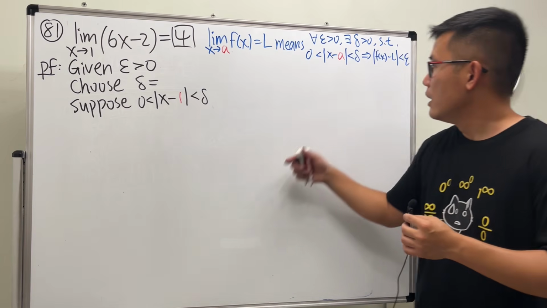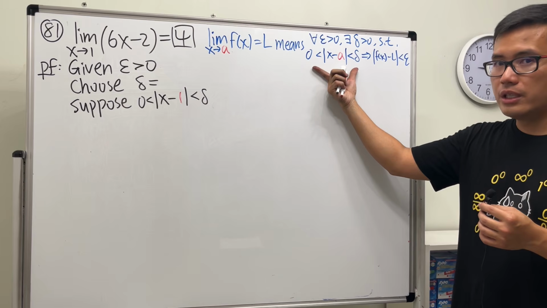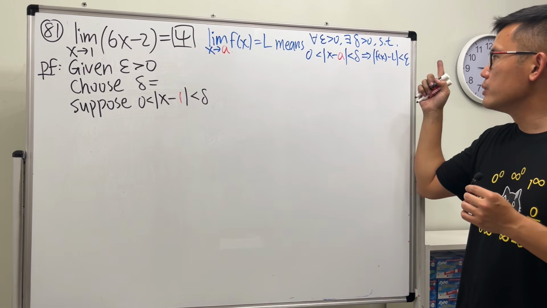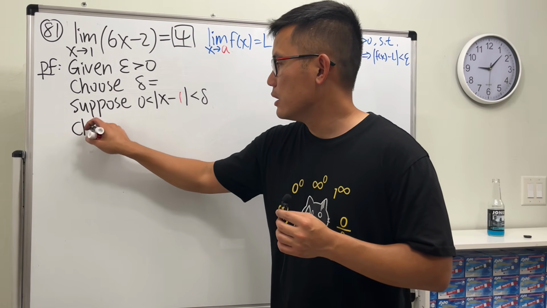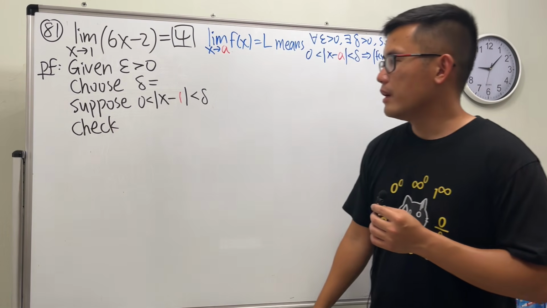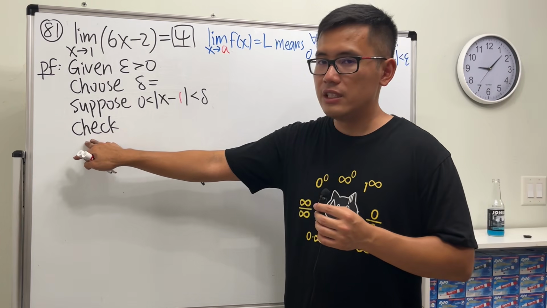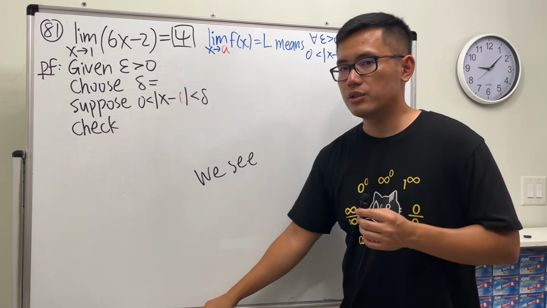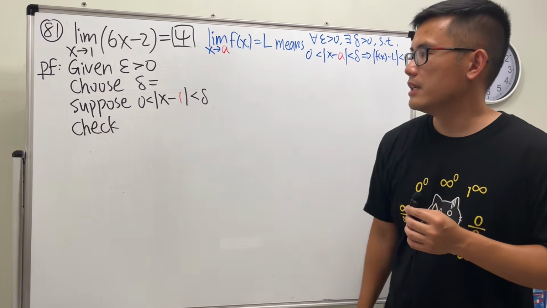Anyway, we suppose we have this condition. With that, we hope to show this is true. And we hope to show, that means we better do the check. So we are going to check. Or you can also say, we see, put we see here, and then just go ahead and do the computations and all that. But anyway, we check.